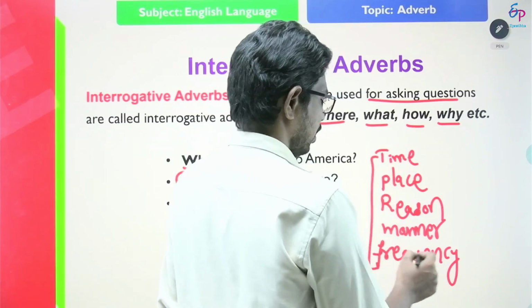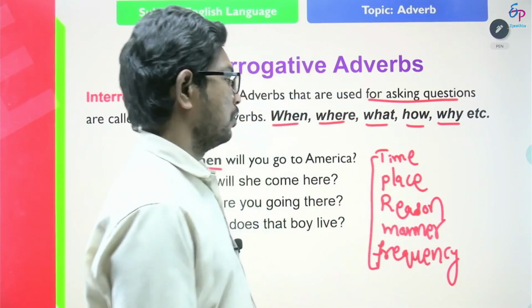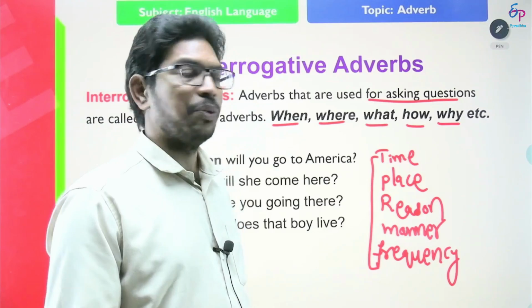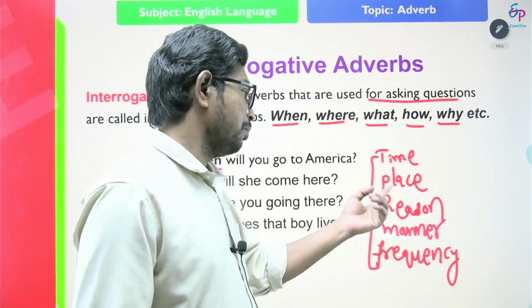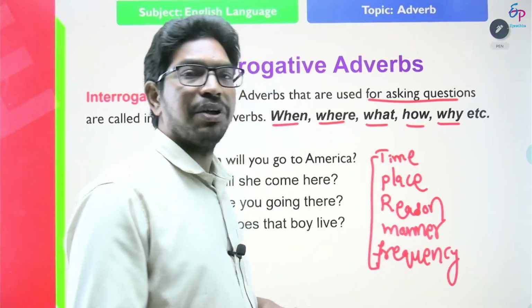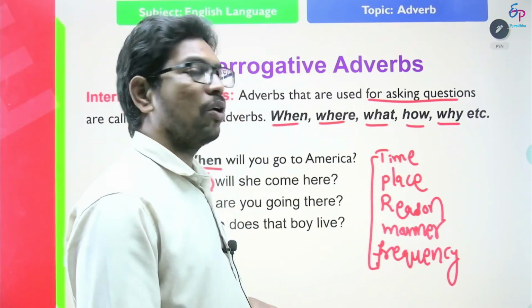These are called adverbs. So the adverbs which denote time, place, reason, manner, frequency are called adverbs. Okay.